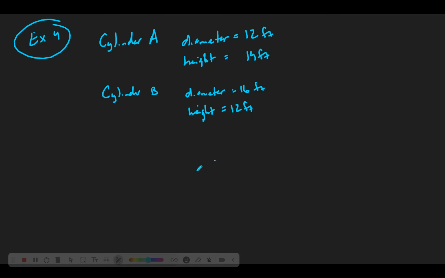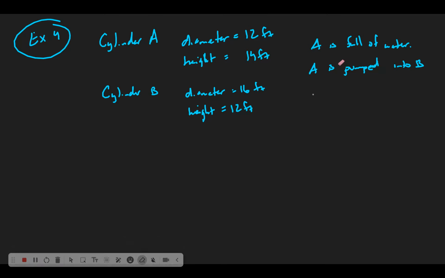Okay. And it says, right, A is full of water. A is pumped into B. That word is pumped. Let me rewrite that word. It's kind of hard to see.